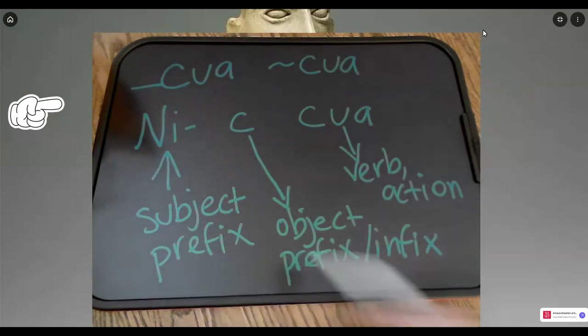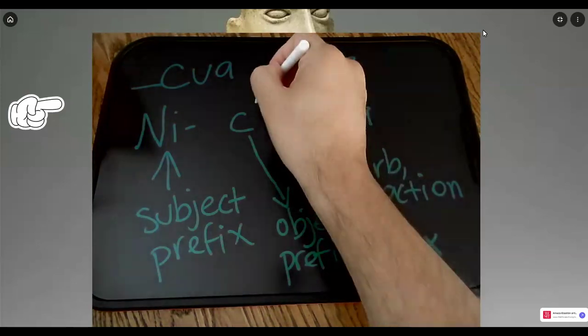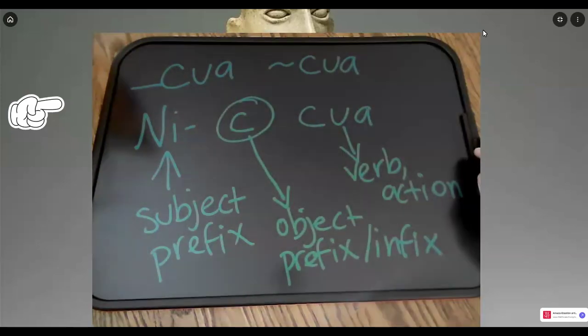So the word order is different in Mexicano and other dialects, right? So subject, object, verb. And the object will always be represented by a k or a QU or a QUI.